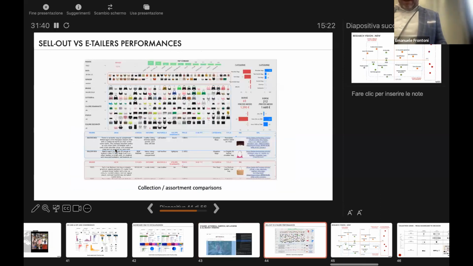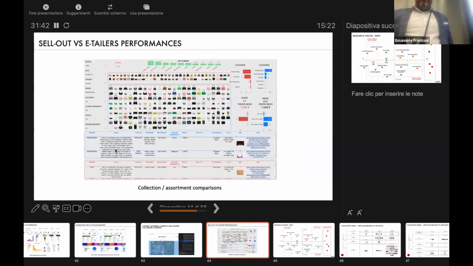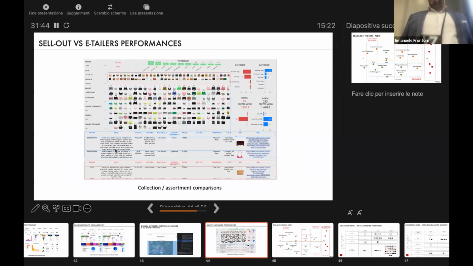Starting from here, we are also giving back to our customers and to our partners a nice dashboard with a lot of suggestions about collection and assortment. So what we are saying is, guys, look, your competitor is having 25 bags on the price level of 1,000 euros.